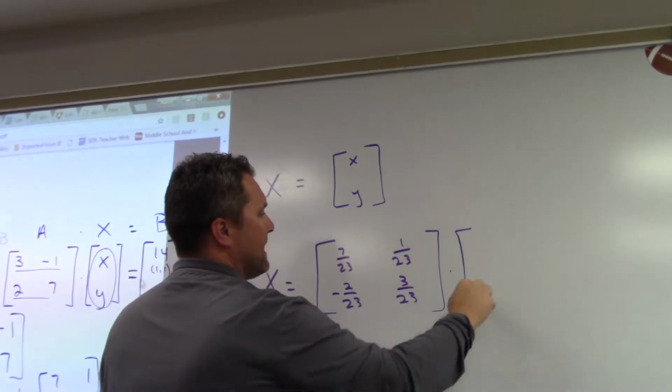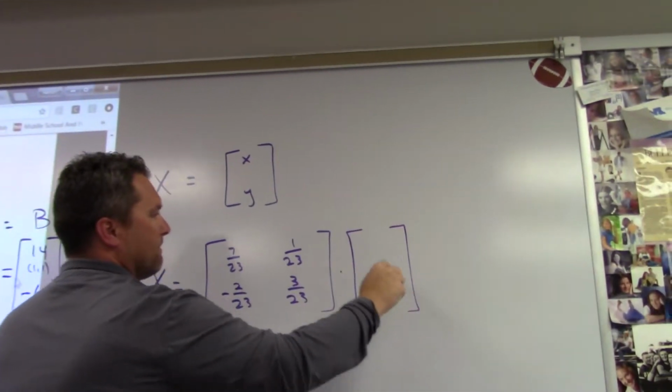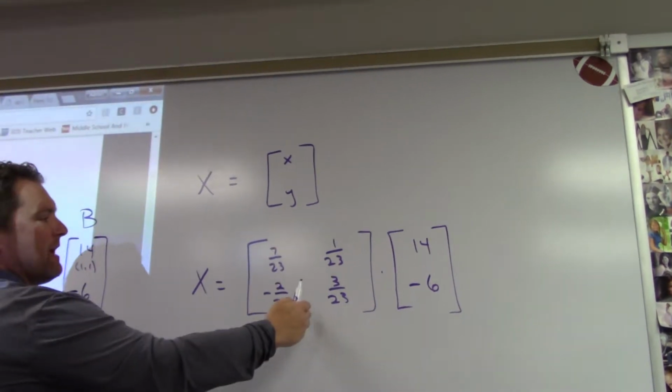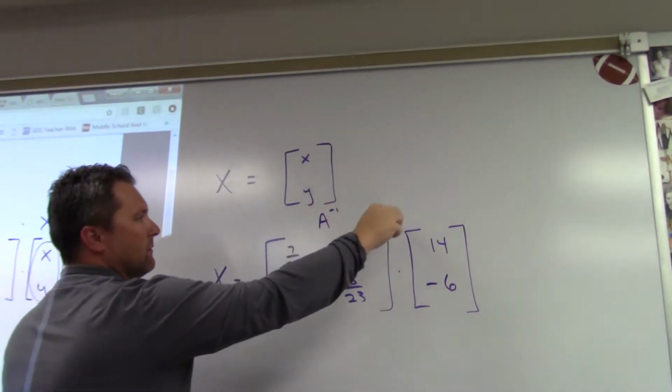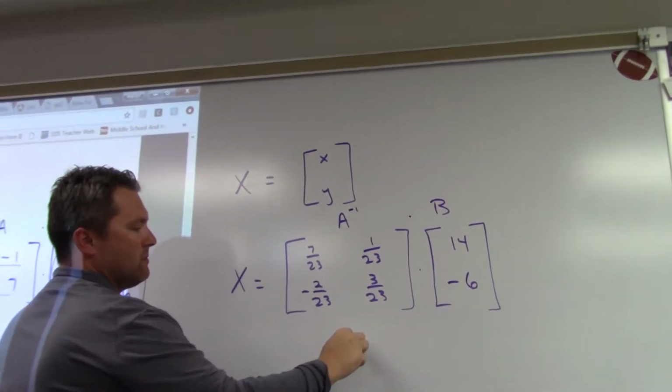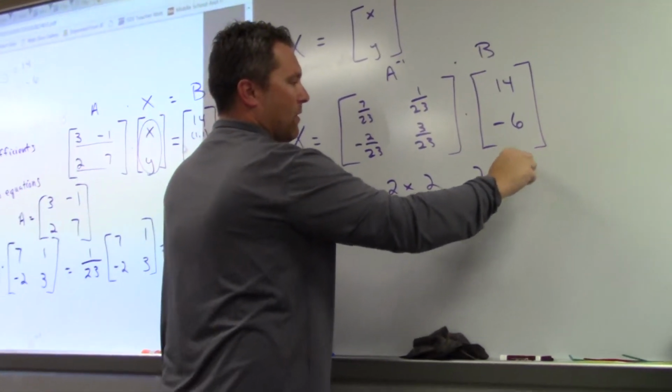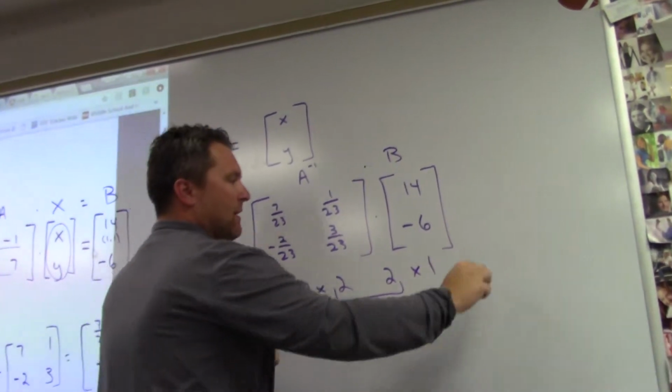What was matrix B? 14, negative 6. What size matrix is A inverse? 2 by 2. What size matrix is B? 2 by 1.